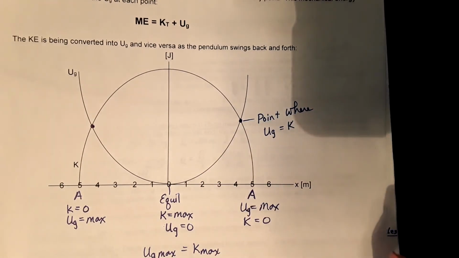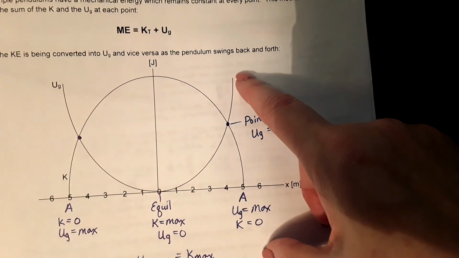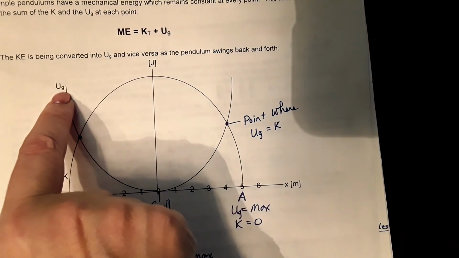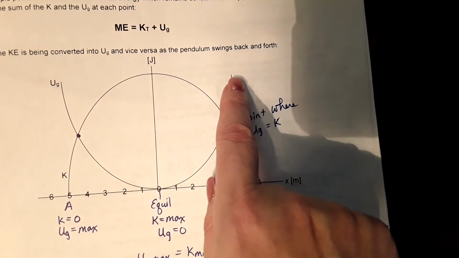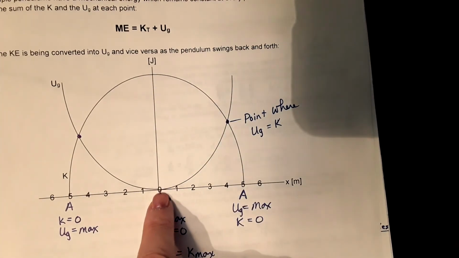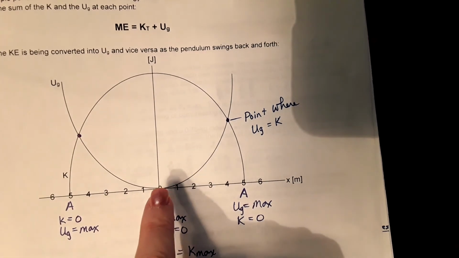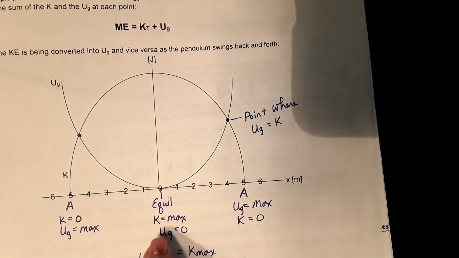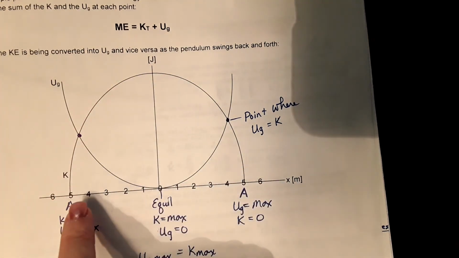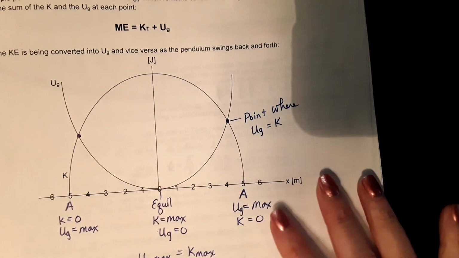The amplitudes are above that, so it has the maximum gravitational potential energy at the amplitudes and the minimum gravitational potential energy at equilibrium. On the other hand, you have your maximum kinetic energy at equilibrium, because that's where it's traveling the fastest, and your minimum kinetic energy at the amplitude where it stops to change direction.